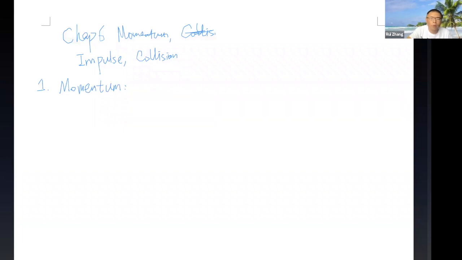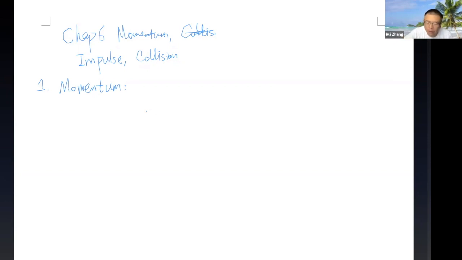Again, this is a word that we use in our everyday life, especially regarding sports, right? For example, they may say this team got some momentum, or this specific player lost his momentum, so he wouldn't be able to do it very well. But in physics, it has a specific meaning, okay?